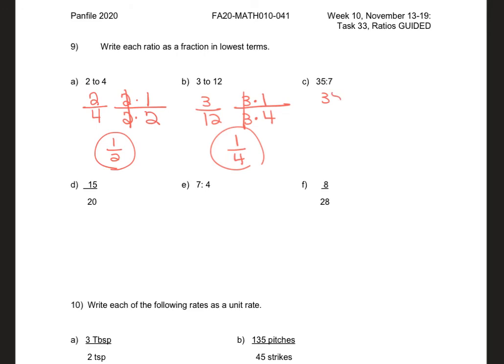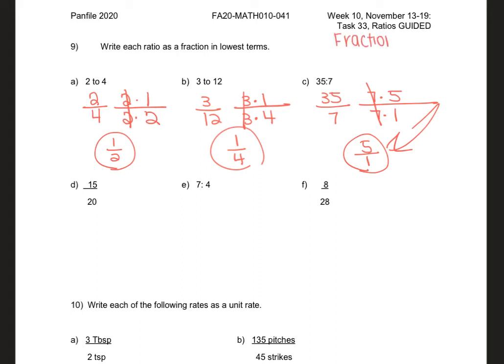Now, this one, make sure you write the 35 on top. 35 is 7 times 5. 7 on bottom is 7 times 1. Get rid of the 7's, and I get 5 over 1. This is important because remember, with a ratio, unlike a fraction where you'd get rid of the bottom, in a ratio you keep the numerator and denominator.